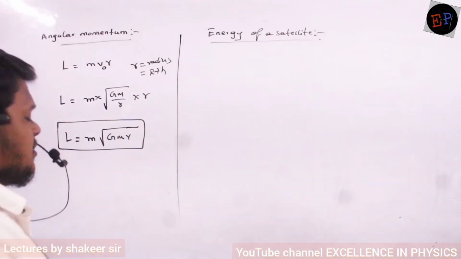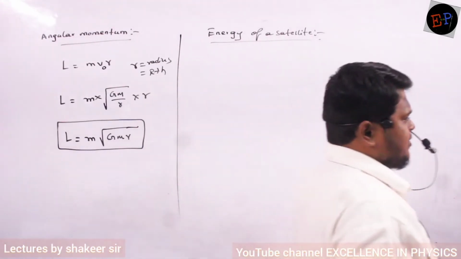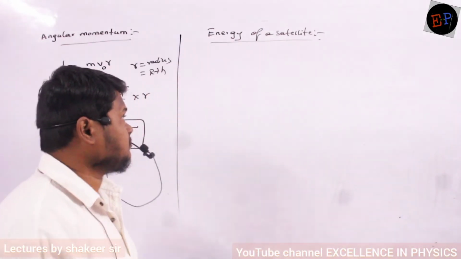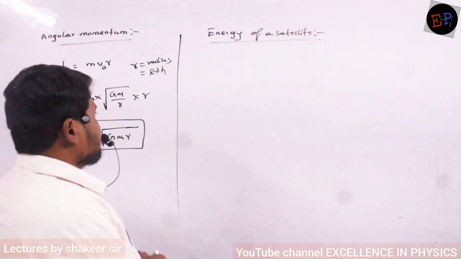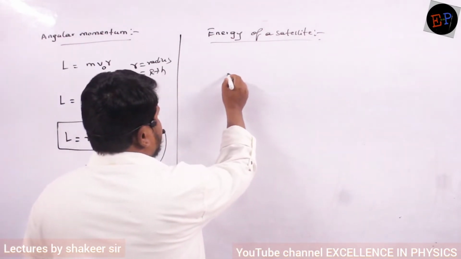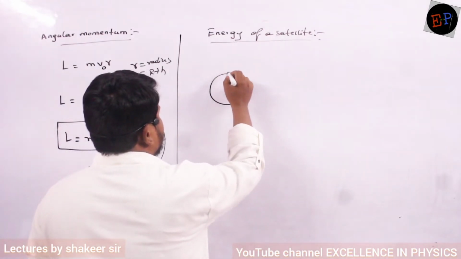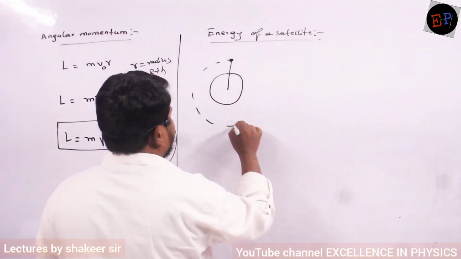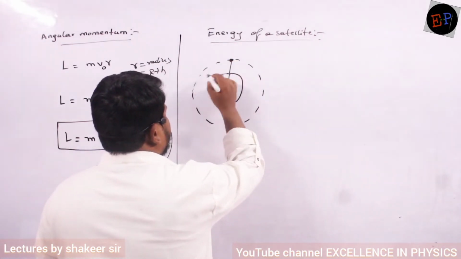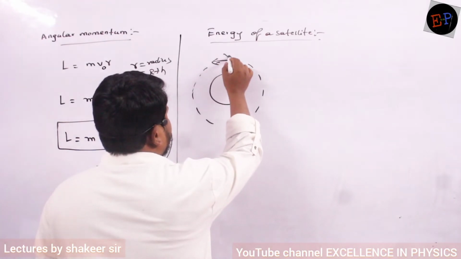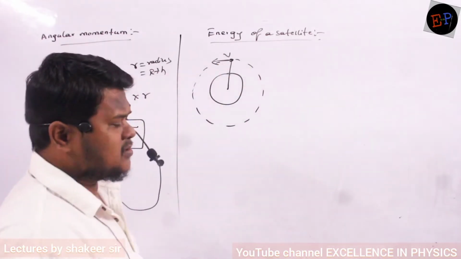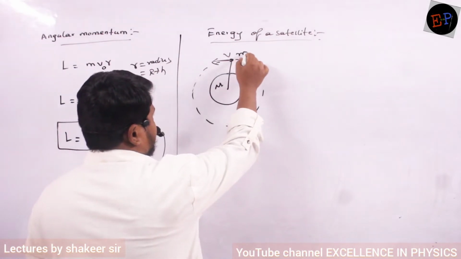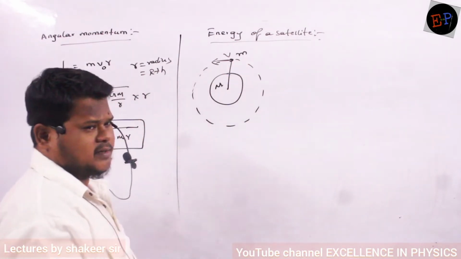So next concept which we are studying is energy of a satellite. Any satellite which is revolving around this planet will have two energies. Can you say what are the two energies it will have? Because of velocity, it will have kinetic energy.